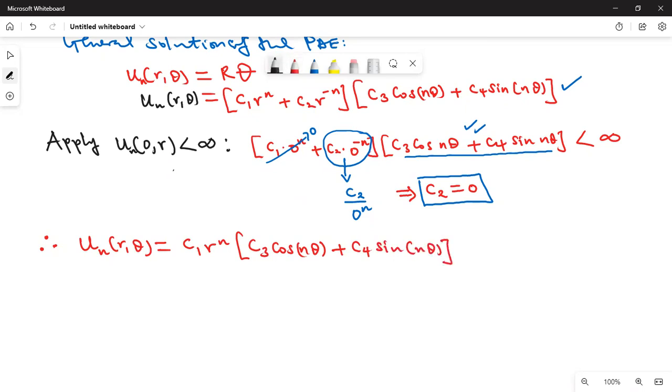And this you can simplify. If I take C1 times C3, I'm going to get another constant. Also C1 times C4 will give me another constant.